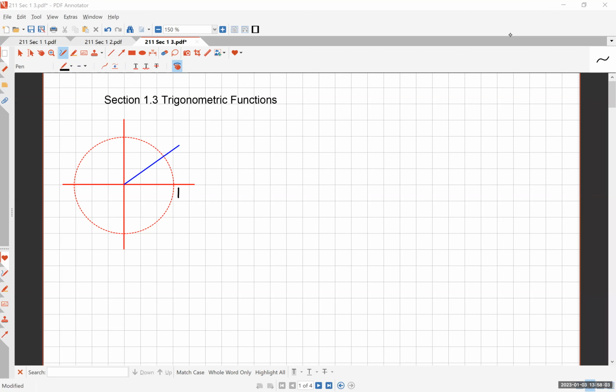So the beginning of trigonometry is really the unit circle. The unit circle is the circle of radius 1 centered at the origin, as you see here, right? And then we take this ray that starts at the origin, and we look at this point of intersection.